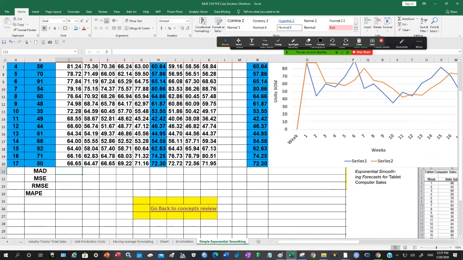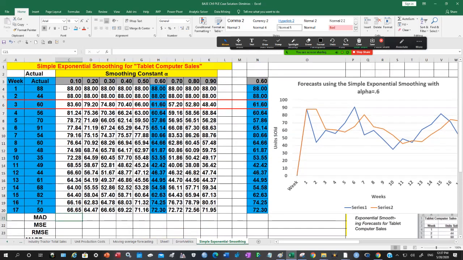Of course, I did this whole thing manually in Excel. The idea is that after you know the inner workings of simple exponential smoothing and you understand it very well, then you really want to use software.